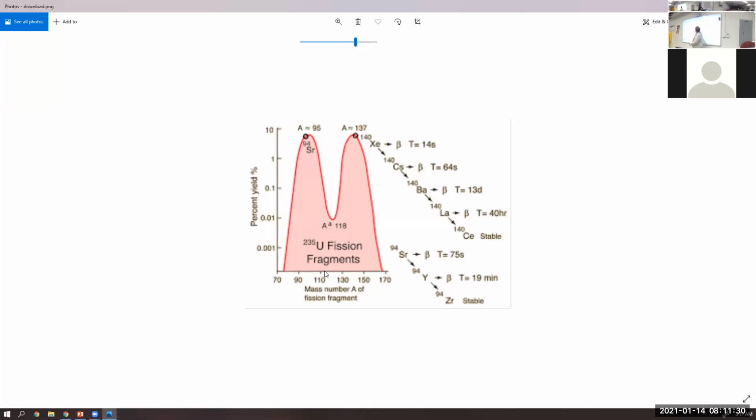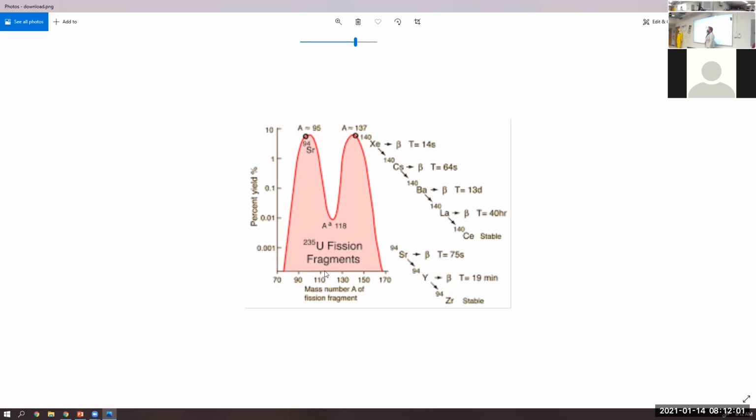So there are some that are common, and they list these most common ones right here: xenon, beryllium, cesium, barium, lanthanum, strontium, zirconium. Well, strontium decays to zirconium. Xenon and strontium have some very special properties, and we'll learn about those when we talk about fission fragments more later in the class.